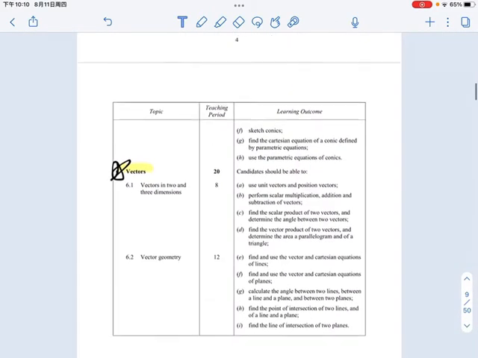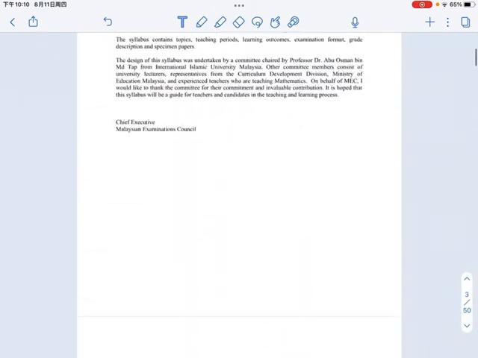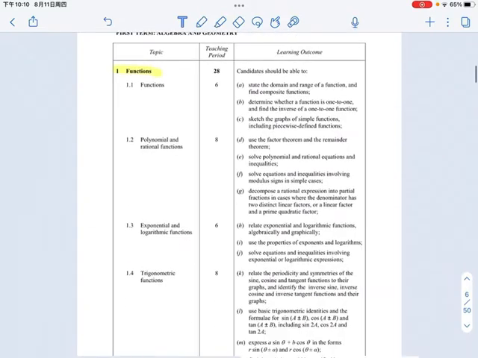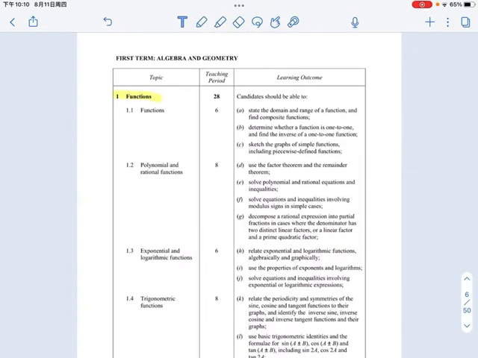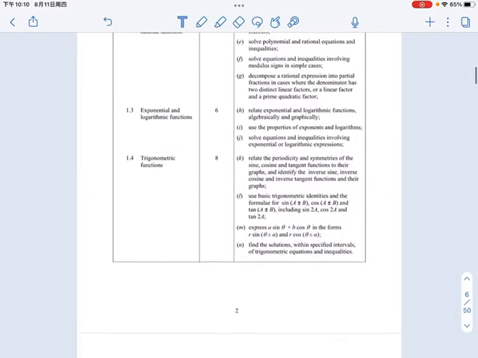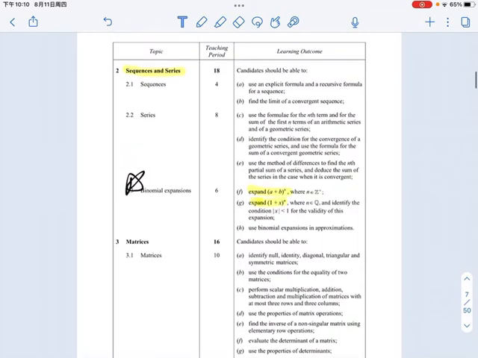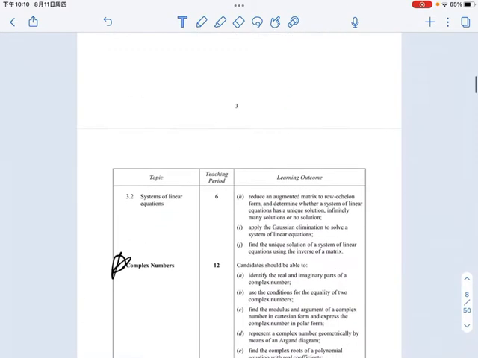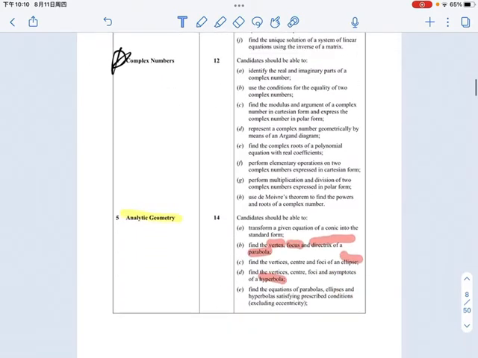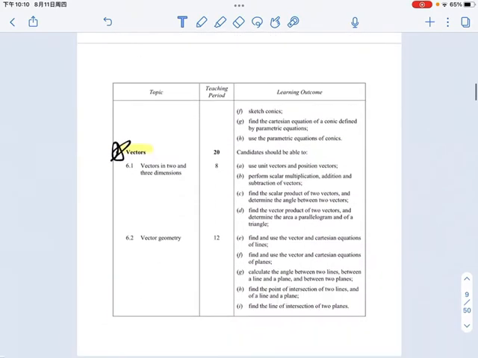So my advice to all of you for the first term syllabus, especially for Mathematics T, is to focus on number 1, functions, number 2, sequences and series, and then number 6, vectors.